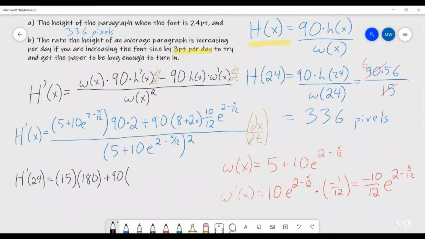Let's see, 8 plus 48, that's 56, times 10 over 12 times e to the 0, that's times a 1, all over 5 plus 10 e to the 0, that's all over 15 squared, multiplied by dx dt. Well, dx dt is 3, and so now we just have to simplify whatever this is.